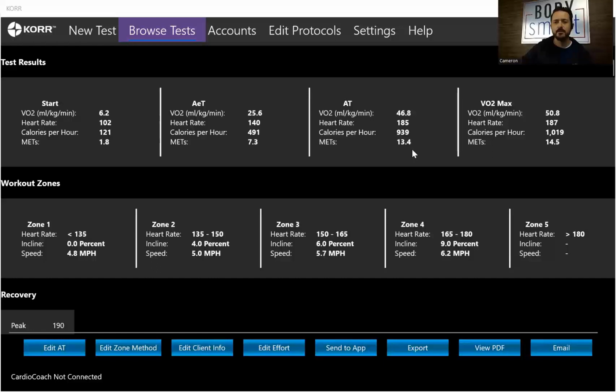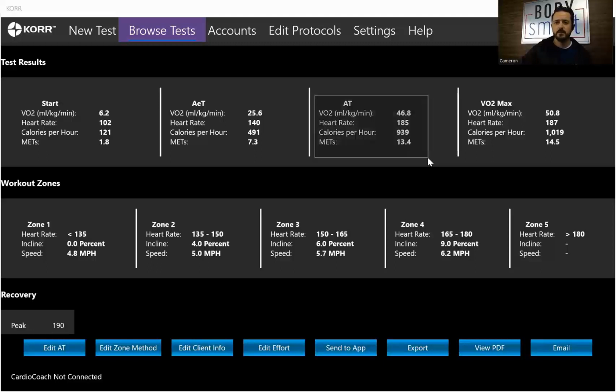And then your anaerobic threshold is essentially that point at which you stop burning fat. So right here is that period where you stop burning fat. And so it looks at your VO2, not your VO2 max at each of those areas, but your VO2. So the amount of oxygen: milliliters of oxygen per kilogram of body weight per minute.